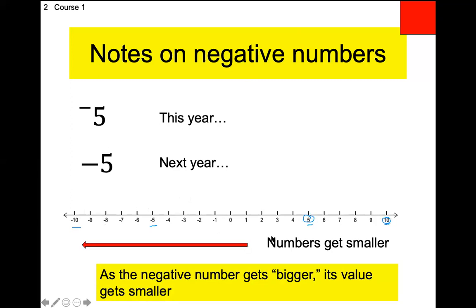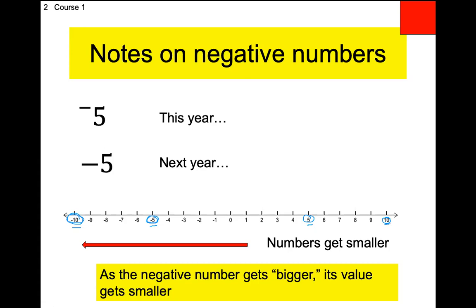But it turns out, because it's a number line and numbers get smaller as we go to the left, that -10 is actually smaller than -5. And we're talking value here. We're not talking about the number. I mean, 10 is bigger than 5, but -10 as a value is actually smaller than -5. Why? It lives to the left of -5 on the number line, and any number that lives to the left of a number is smaller.